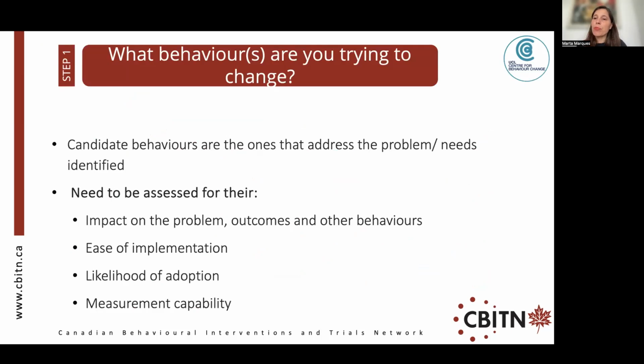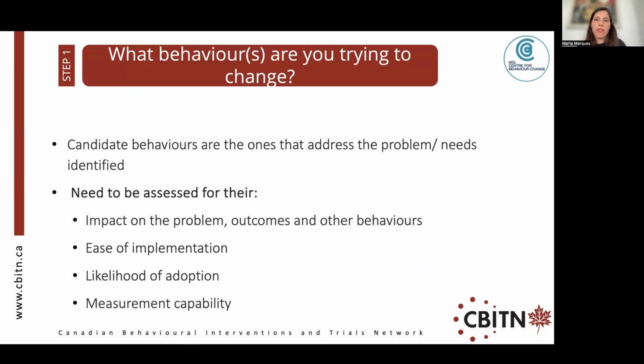When we have a pool or a list of behaviors that are the core ones that we think we need to address to achieve our aim in terms of the problem and the needs, we need to look at the behaviors in terms of their impact, as I said before, but also how easy they can be implemented by the target population, how likely it is that the population will adopt the behavior.